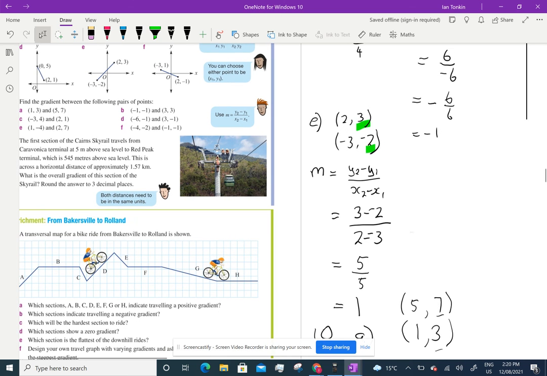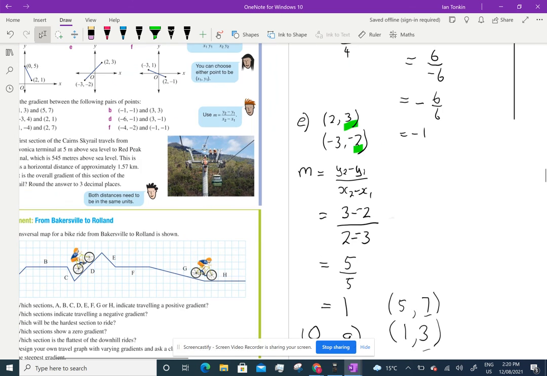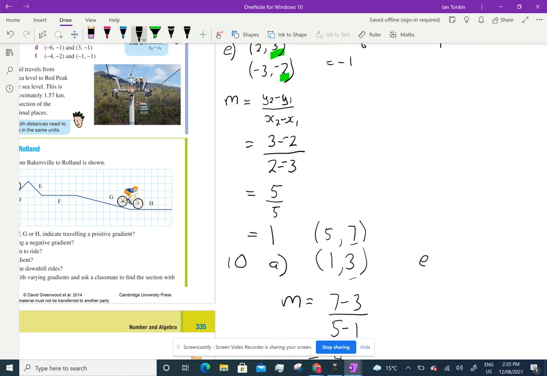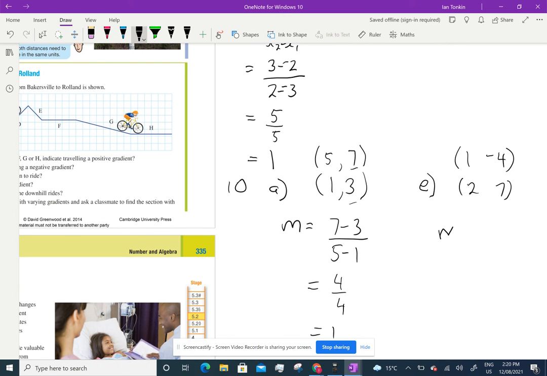Let's take another one. Let's take E, 1, -4, 2 and 7. And just to show you, I'm going to write them in a difficult way. 1, -4, 2 and 7. From doing lots of these, I would have written them the other way. But it doesn't matter. Subtract the y values. -4 minus 7.